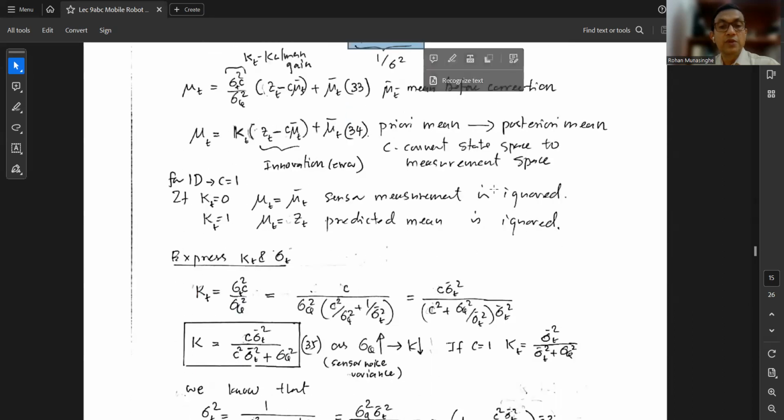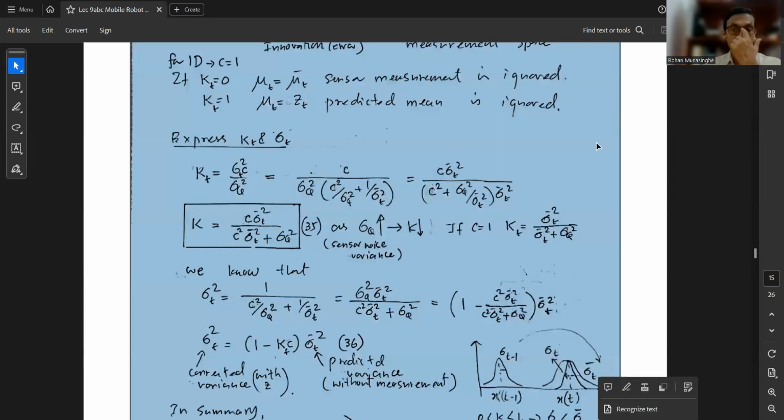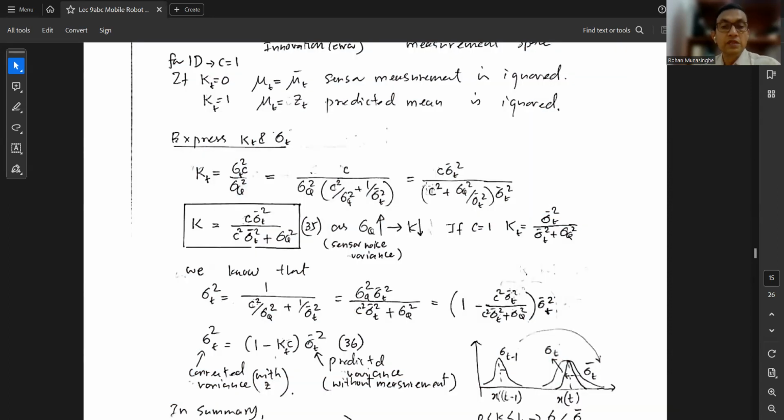If you bring it over here, you can write it like this. And then with a simple manipulation of this denominator, you multiply all of the terms within the bracket with sigma_q squared, and also multiply numerator and denominator both with sigma bar_t squared, you get to this equation.